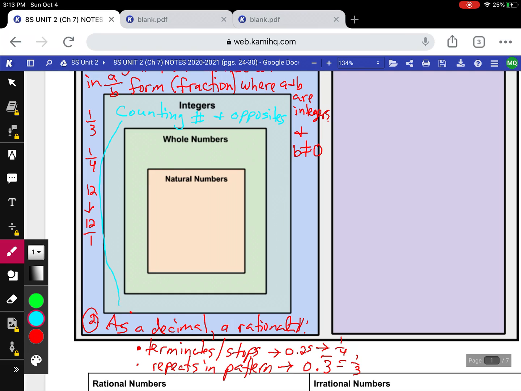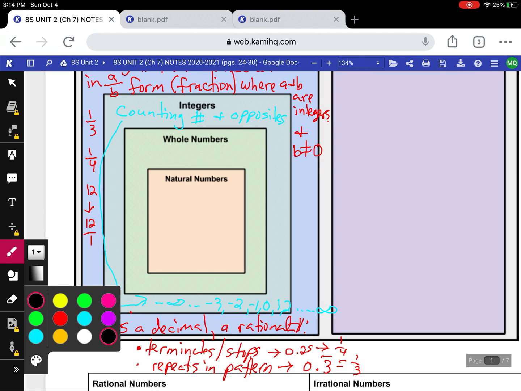So we have negative infinity, all the way to -3, -2, -1, 0, 1, 2, etc., all the way to infinity. So it's all your counting numbers plus their opposites, negative infinity to infinity.